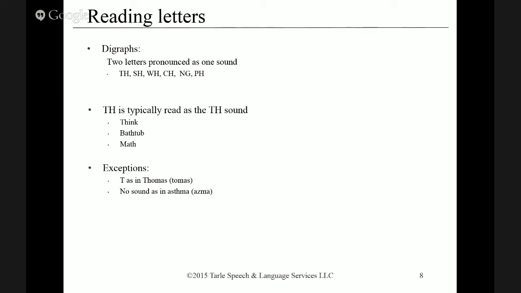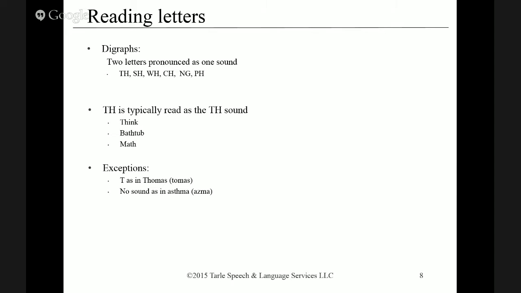So when you see the letters TH together, you're only going to say one sound. Typically when you see TH, you read it as a TH sound: think, bathtub, math. Now there are just a few exceptions. The biggest exception that I want everyone to recognize comes to someone's name in English.